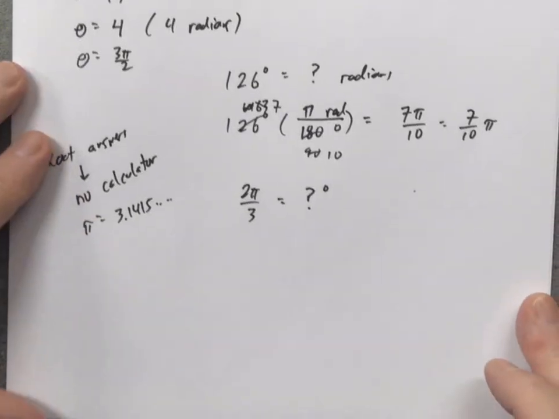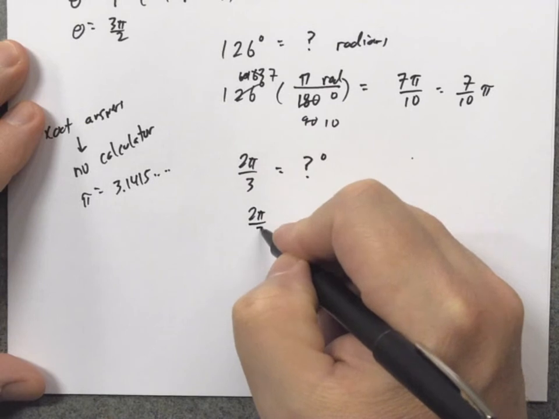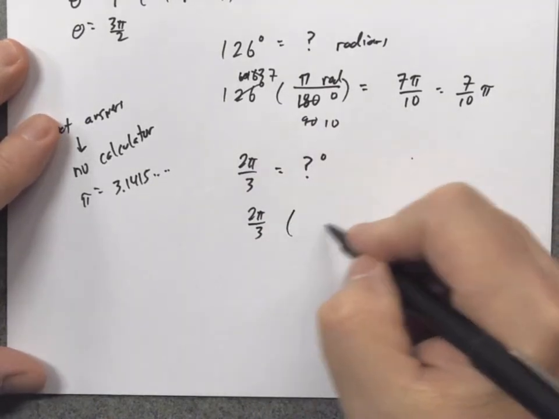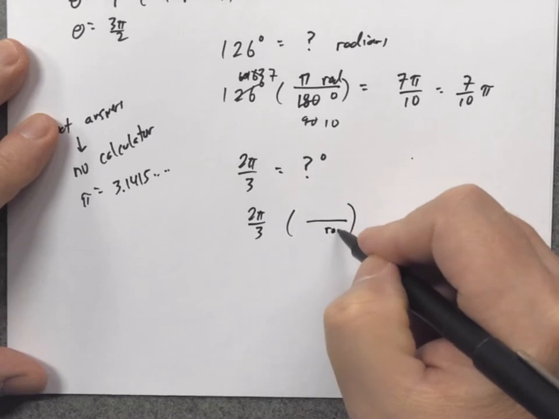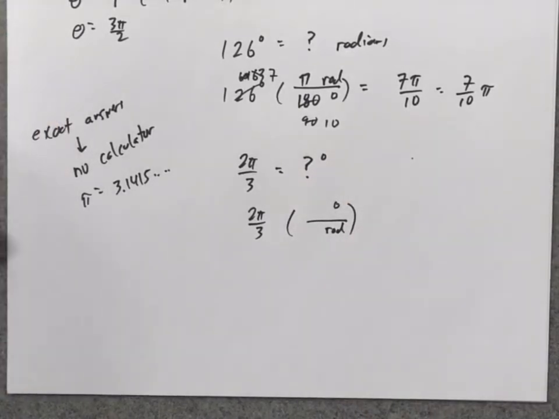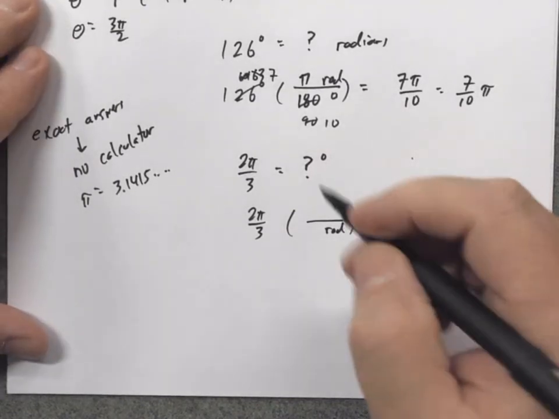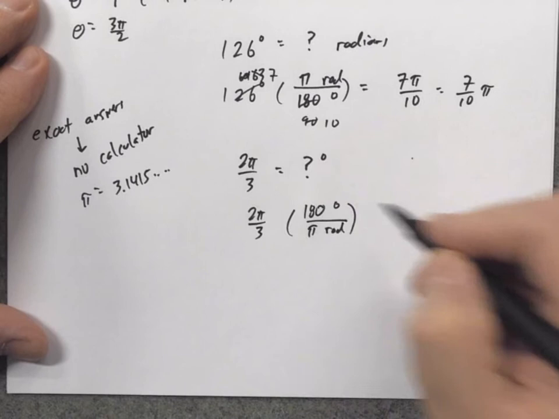You still do your unit fraction. So you start with your initial angle in radians. Radians are on the top, so radians are going to be in the bottom of my fraction. Degrees are in the top. Relationship between degrees and radians, there's 180 degrees in pi radians.